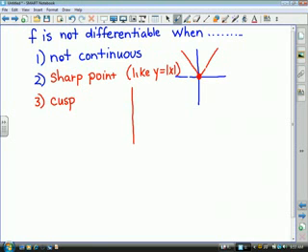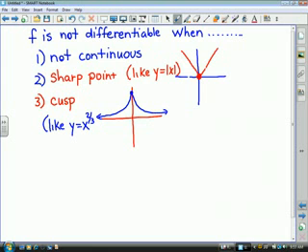If it has a cusp, it looks like that. Now, the one that looks like this is x to the 2/3 power. I think I've got it backwards.